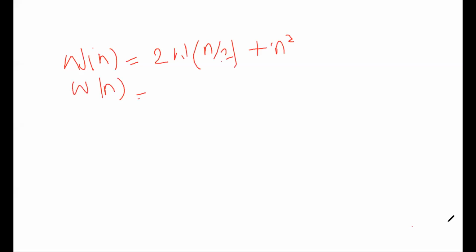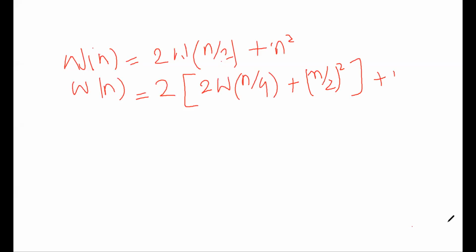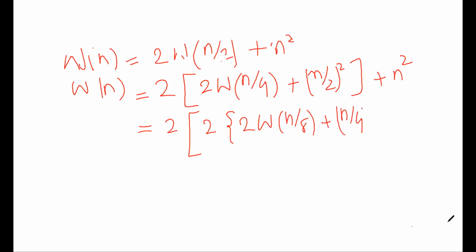Wn is equal to twice, substituting n by 2 with n by 4, plus n square.